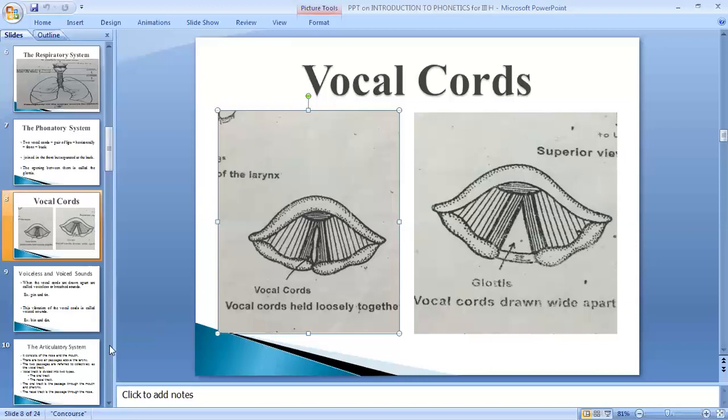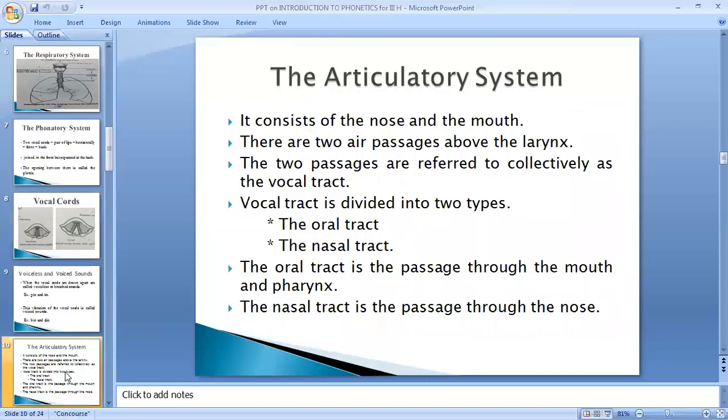Now let us see what the articulatory system is. The articulatory system consists of the nose and the mouth. There are two air passages above the larynx.